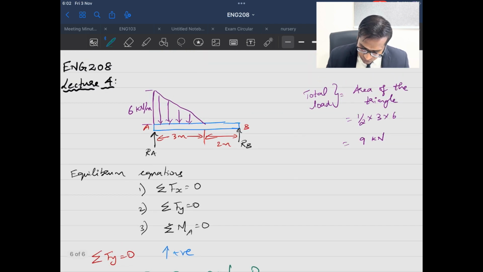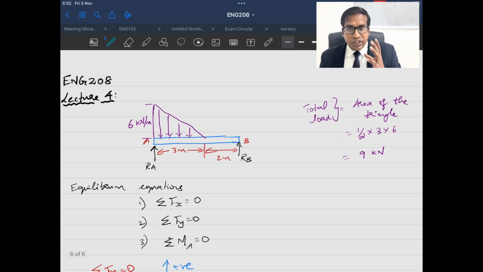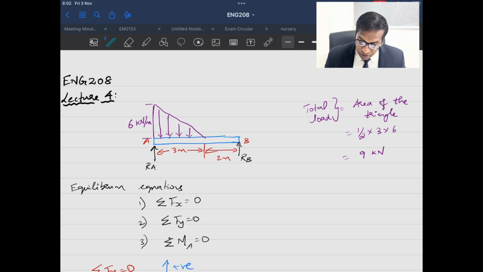Now you have to understand, for a uniformly varying load like this triangular load, if I consider an equivalent concentrated load, this load acts at such a distance that it is 1/3 from the head of the triangle and 2/3 from the tail.